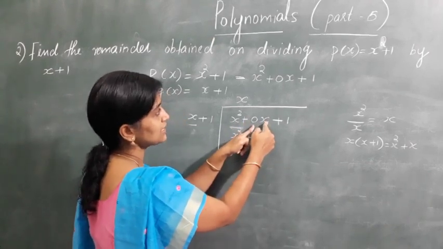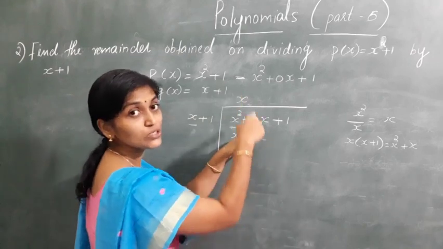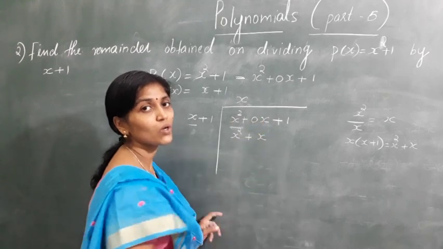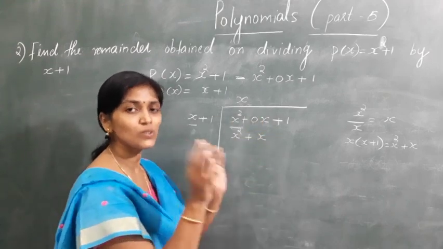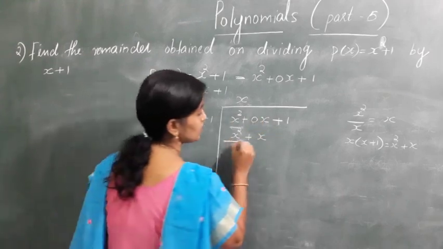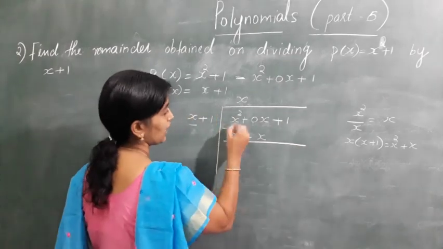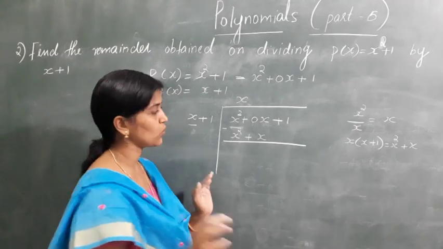If you are not writing this term here, you may have confusion when you subtract. That's why I added this term with 0 as a coefficient. Now subtract. x square minus x square, 0.